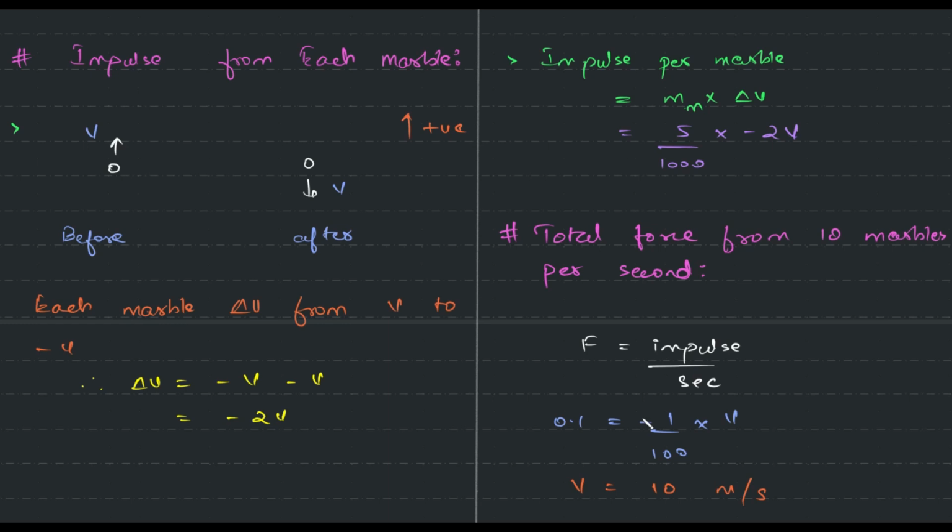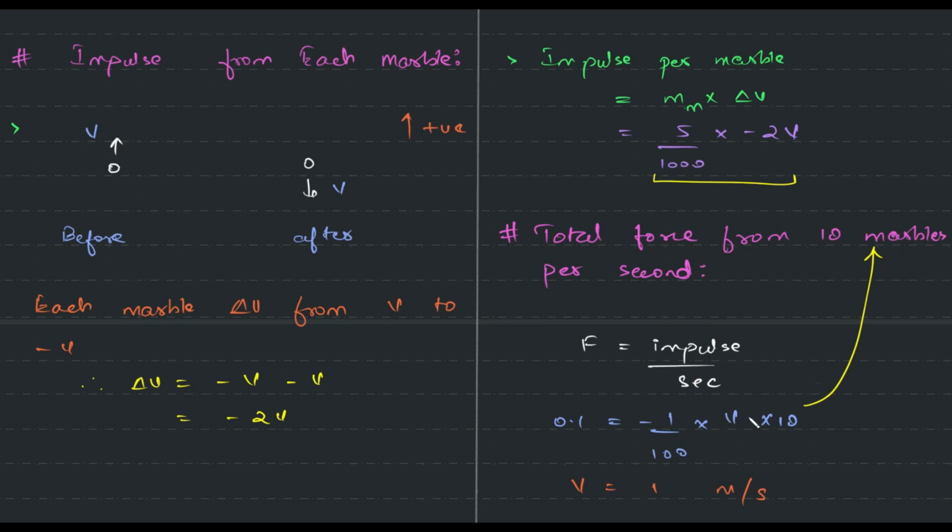Okay, did I do anything wrong over here? Oh, okay, sorry, I missed out 10 over here. So this will be 1. 10 is the number of marbles, right? I've written it over here. This 10 relates to those 10 marbles, and this is per marble. So there are 10 marbles.